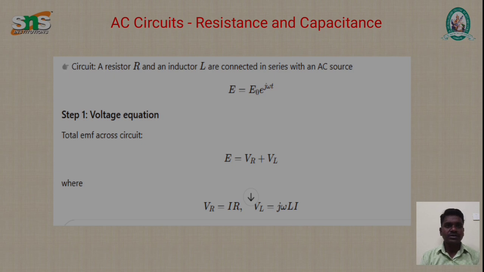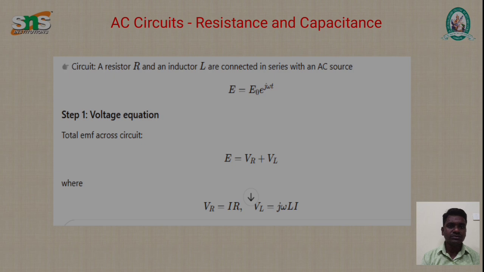This is the basic equation for the AC circuit with resistance and capacitance connected in series. Here E is equal to E naught e power j omega t. This is the basic EMF equation for waves. First we have to find the voltage.